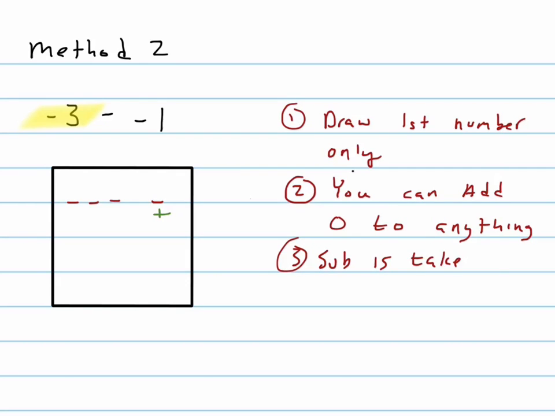So it's telling me to take away 1 negative. Right? So I'm going to do that. I'm going to take away this guy. Alright? And we're going to move him out. That's not in the problem anymore.